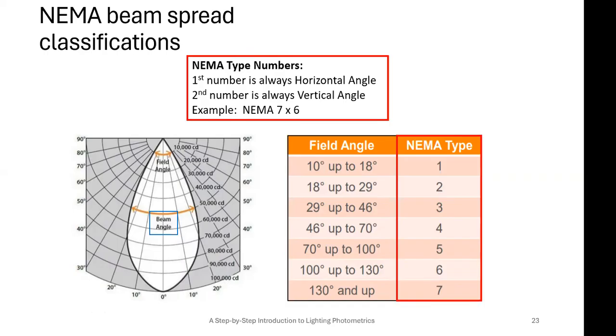NEMA stands for National Electrical Manufacturers Association. So no matter who the manufacturer, if the light fits into these angles, then you can classify them as a NEMA 7x6 or 5x5 or whatever that angle is.